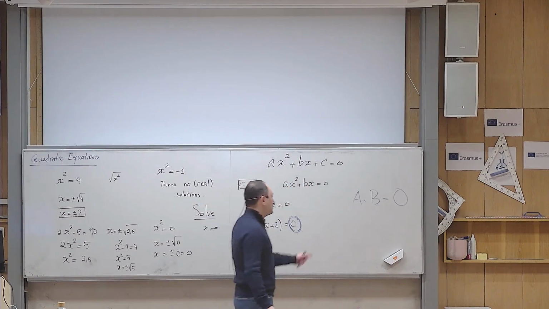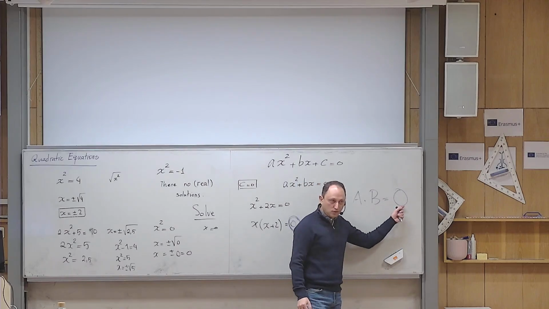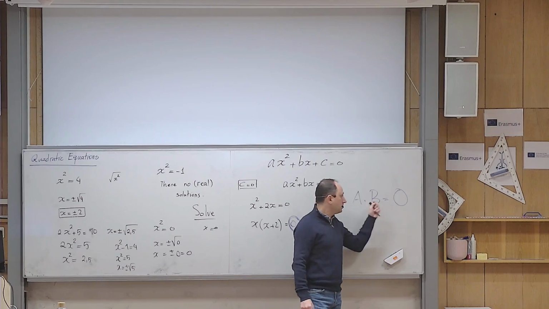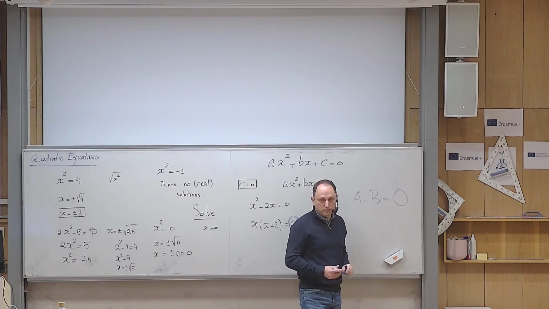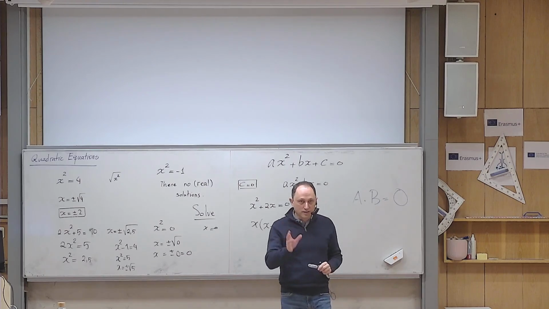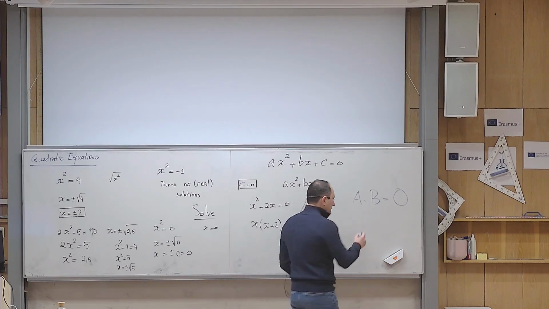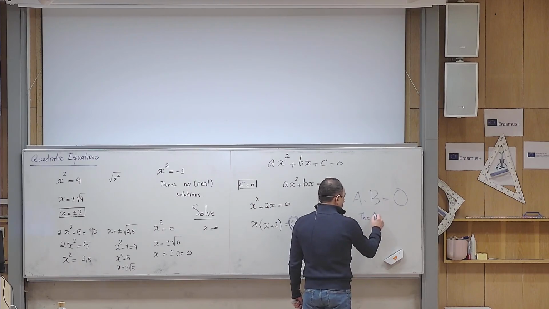Why? Because if the product of two numbers is 0, I can be certain about one fact. Either this is 0, or that is 0, or of course both of them. Yes, this is always the case. And I will refer to this as the zero product rule.